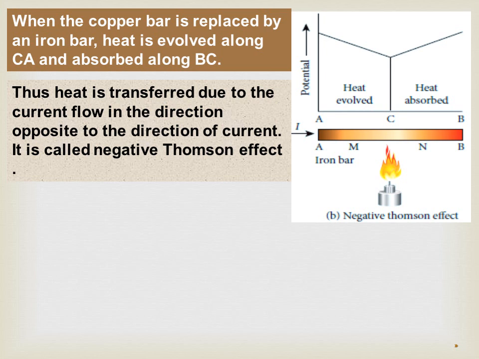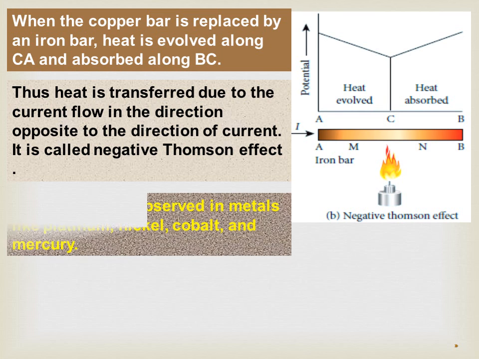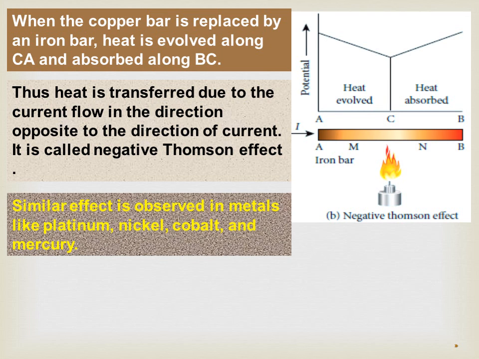Thus, heat is transferred due to current flow in the direction opposite to the direction of the current, which is called the negative Thomson effect. A similar effect is observed in metals like platinum, nickel, cobalt and mercury.